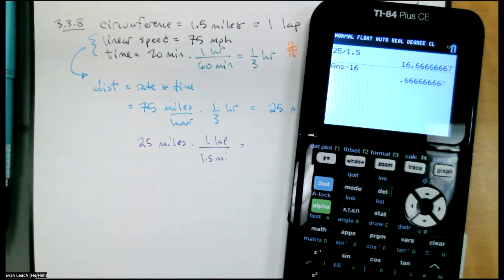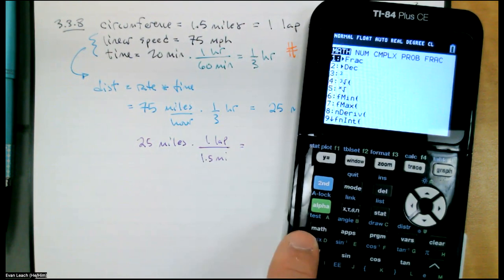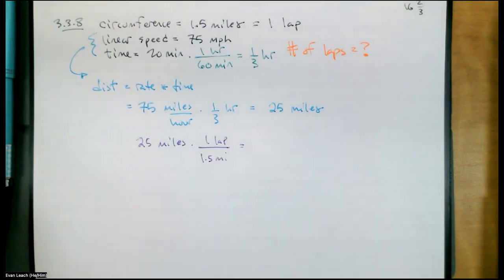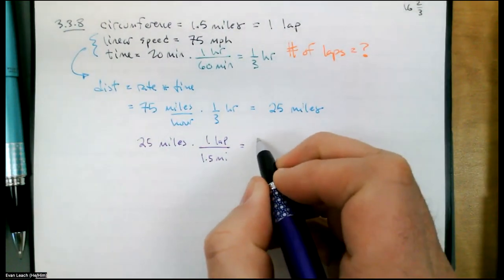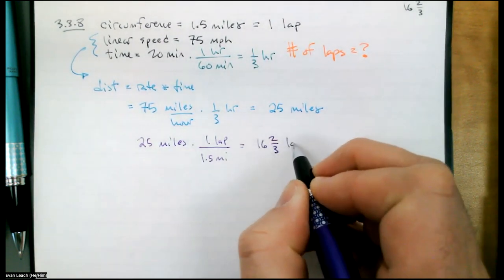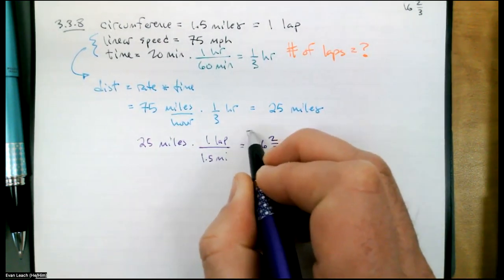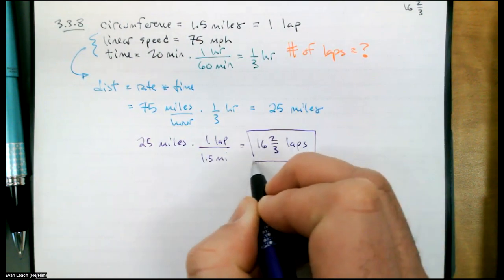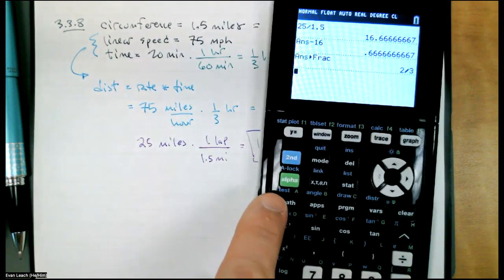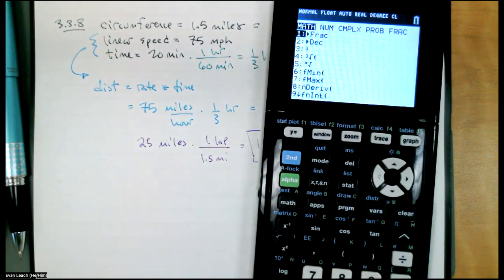If I subtract off the 16 and then hit math, the first selection is convert to fraction, and it says it's 2/3. So 16 2/3 laps. You just press the math button, and it's the first selection in the math menu.